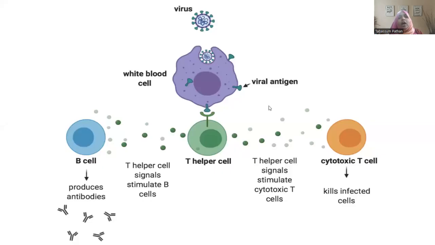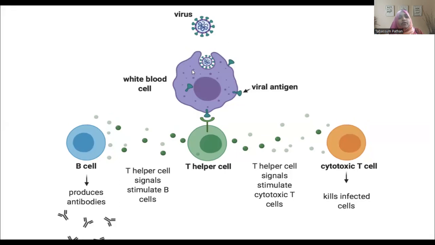Okay, this is how the picture looks when we talk about the cell-mediated immune response. If this is a virus and let's say one of the immune cells recognizes the antigen, it engulfs the antigen and it presents the antigen on the cell membrane.